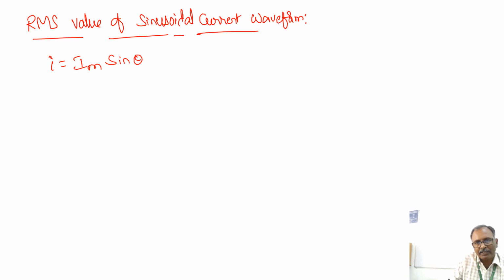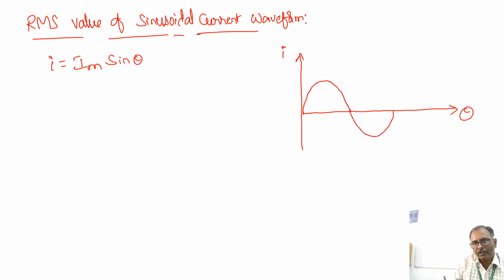If you take current on the y-axis and theta on the x-axis, the current waveform will be a sinusoidal wave as we have drawn now. So it starts at 0, the positive cycle ends at pi and the cycle will complete at 2 pi.